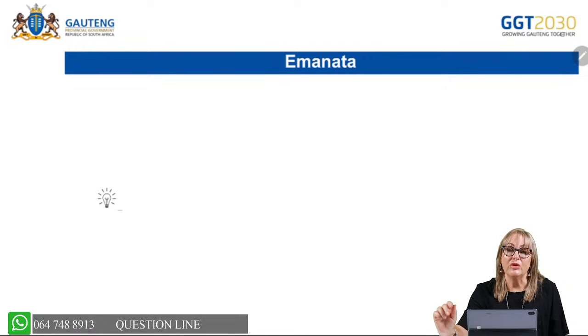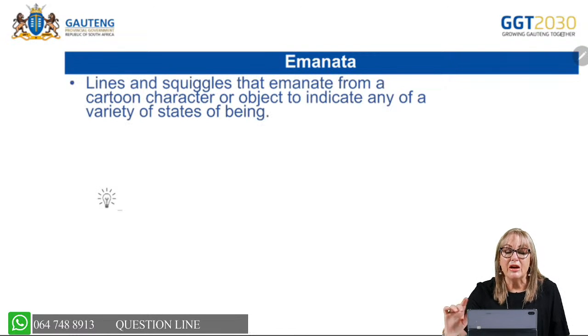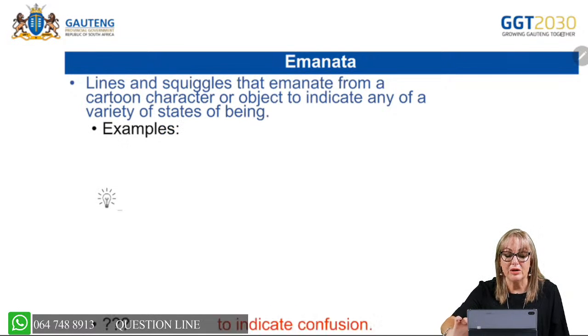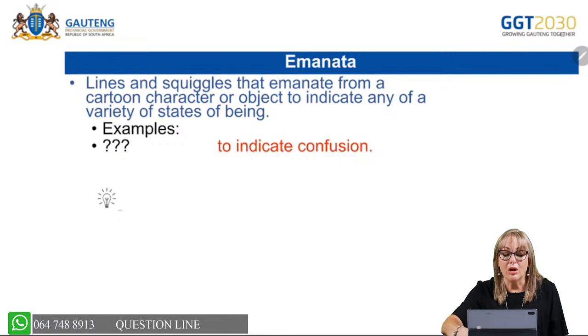And then we just felt that we must explain emanata to you, because we see those in cartoons and then we don't really understand. They are the lines and squiggles that emanate from a cartoon character or an object, and it indicates a variety of states of being. For example, a lot of question marks will indicate confusion.